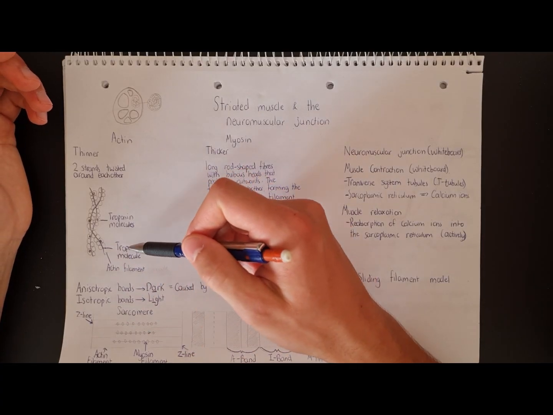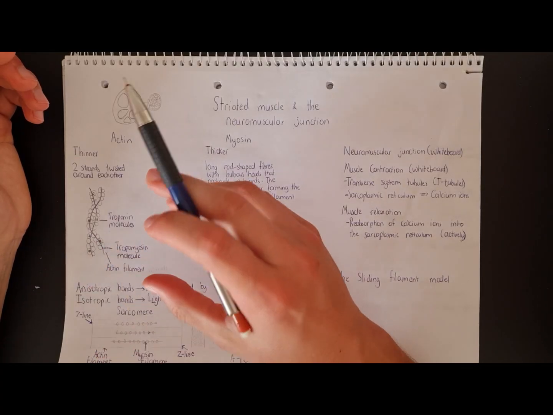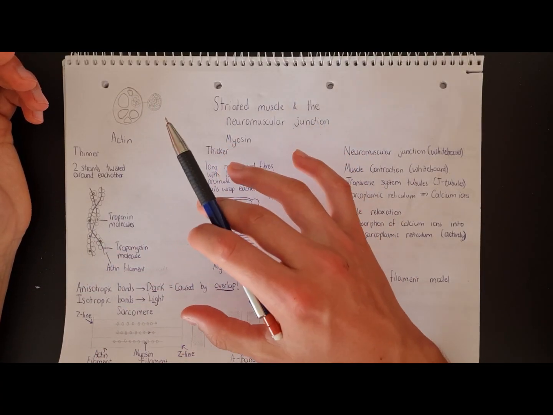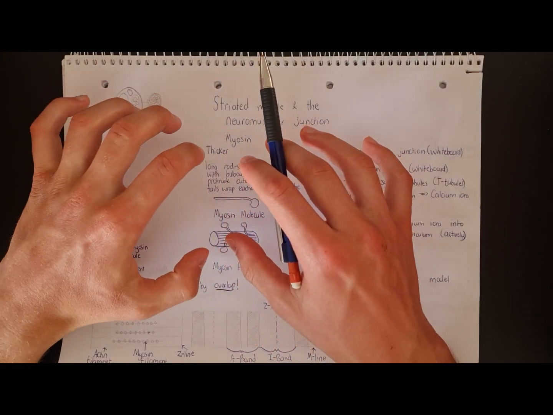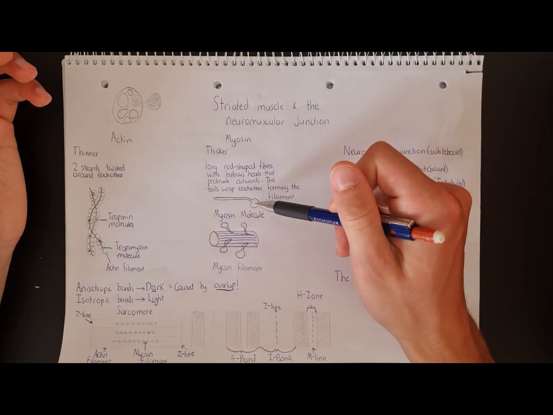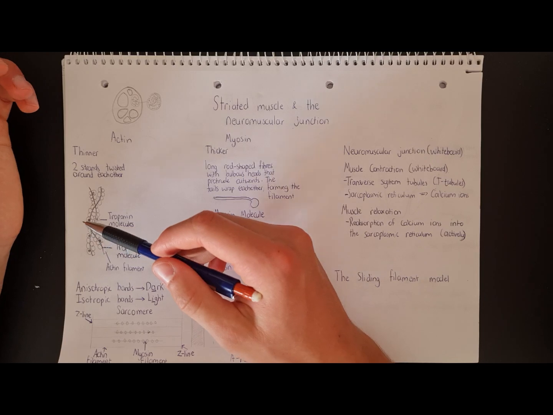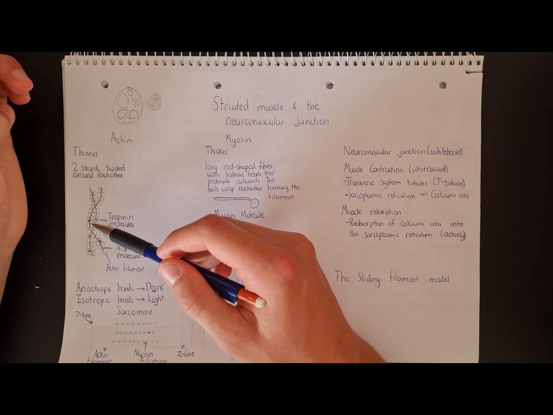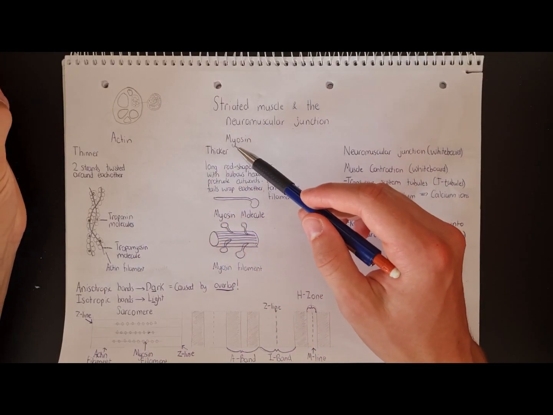Now, the tropomyosin molecules will actually block the binding site of the actin molecule so that an actomyosin crossbridge cannot be formed. So this means that the myosin heads will not be able to attach to the binding sites on the actin filament. Now, the actin filament is thinner than the myosin filament.